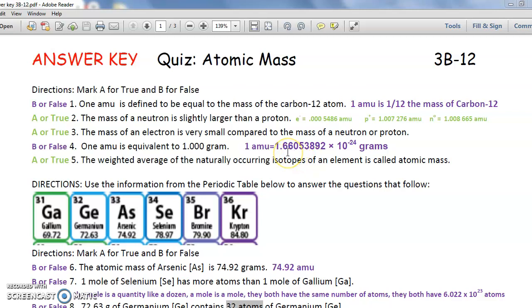That would be 0.000 and we'd have to keep going with about 23 zeros total after the decimal point, then 1.66 grams. That is a really small number.